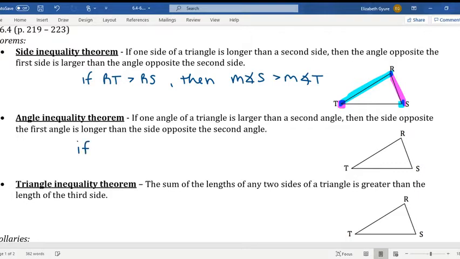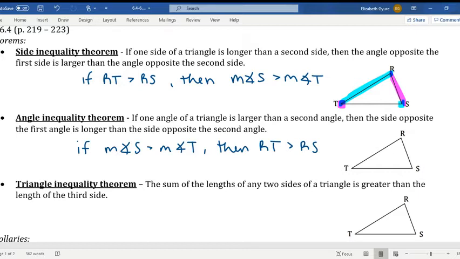If I tell you that the measure of angle S is greater than the measure of angle T, then we're going to know that the measure of segment RT is greater than the measure of segment RS. Those theorems are normally pretty intuitive. That makes sense, right? Larger angles across from larger sides, etc.